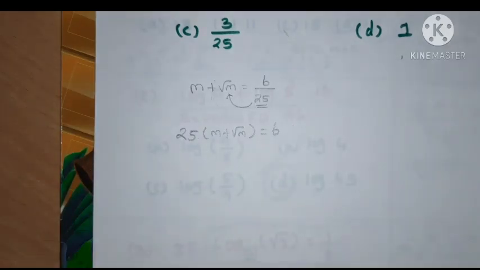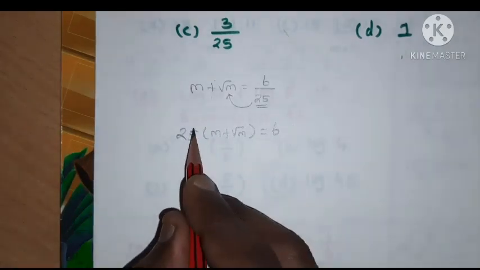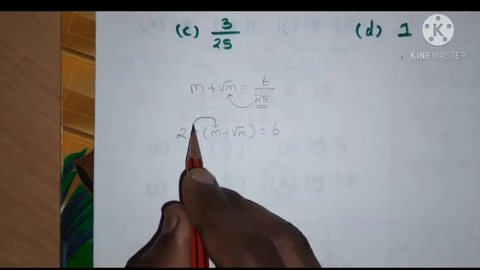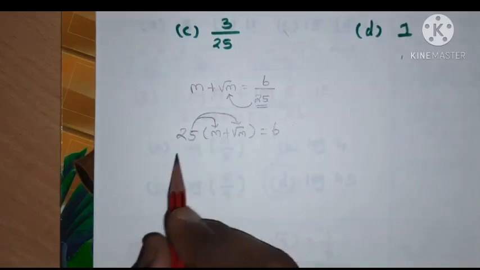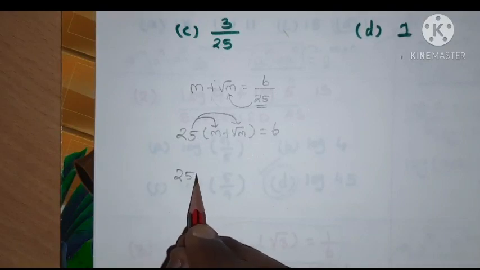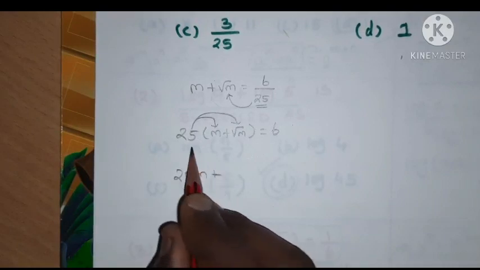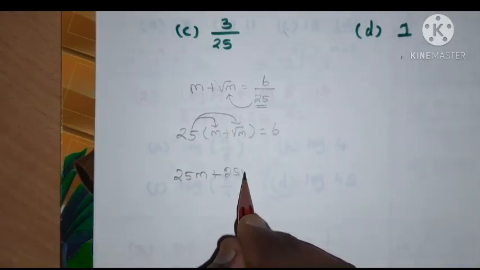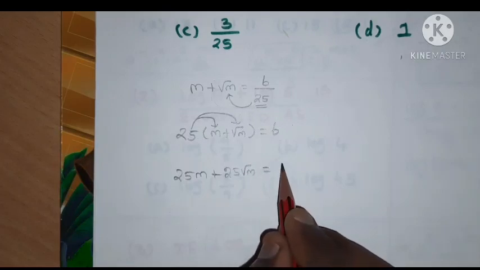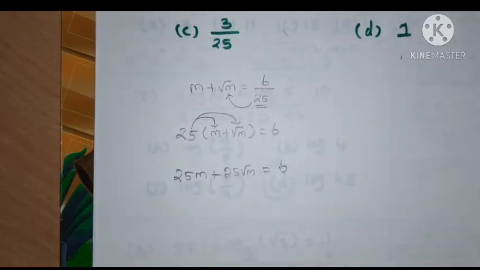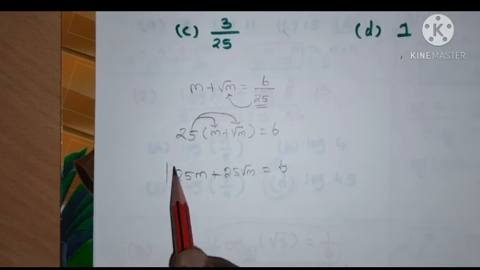Next, I'm going to multiply this 25 with the two terms available on the left hand side. So 25 into m, 25m, plus 25 into root m, 25 root m, which is equal to 6. We got an expression, right?